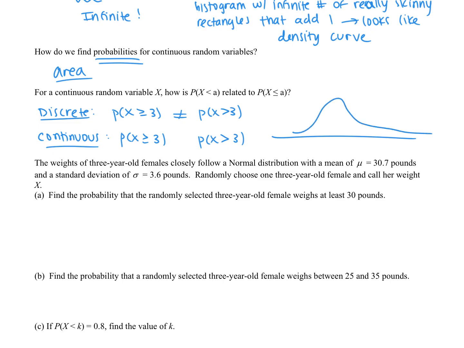So let's say that's our curve, our density curve. If this is our cutoff of 3, and we are looking for an area, does the area practically change if I include that value or not? No. We can't find the area at one specific value. So the probability of x greater than or equal to 3 or x greater than 3, those two are the same, because the boundary lines don't add area.